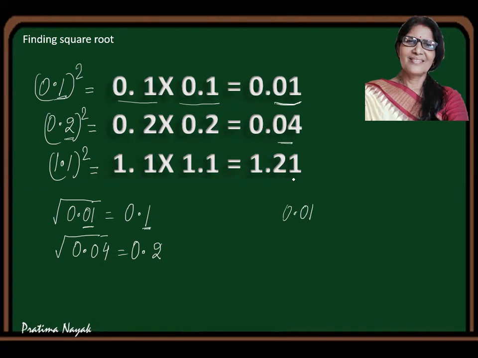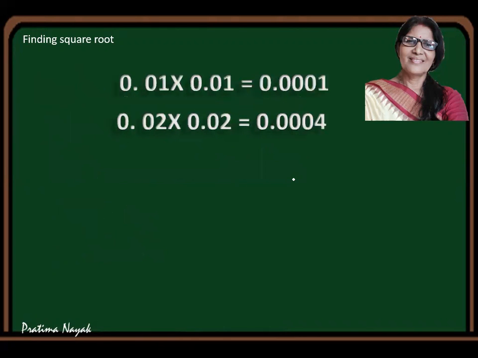Then next let us take another example. 0.01 multiply 0.01, or 0.01 square, I am taking. How much will it be? It will be 0.0001. That means when there are 2 digits after the decimal, I am getting 4 digits after the decimal. Same thing, 0.02 square is equal to 0.0004, 4 digits.